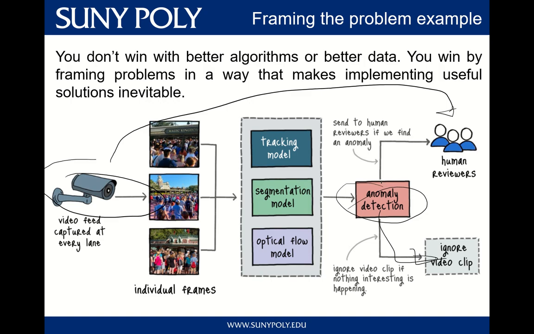Then they will send that to the human reviewers, who were already at the company. But now they were receiving less hours of video. They were able to filter more than 90% of the hours of video. So now the workload decreased, and it was possible for the reviewers to actually identify more clearly when people were entering the park without paying.